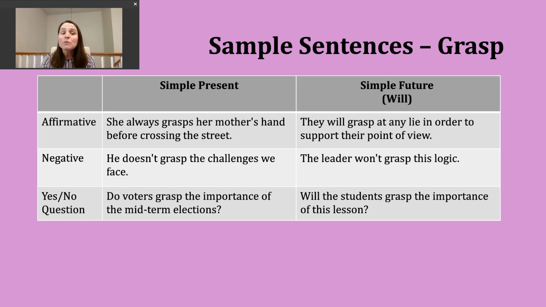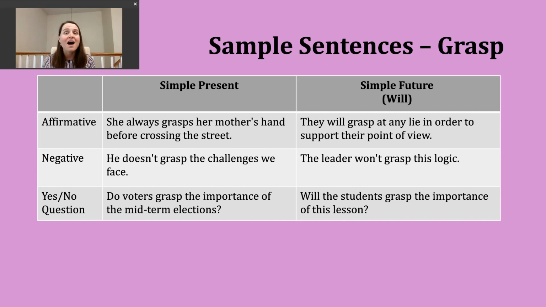Now, if we want to make a negative sentence in the simple present, our structure, again, is going to depend on what our subject is. If our subject is I, you, we, or they, we're going to use do not and then the base verb. But if our subject is he, she, or it, we're going to use does not and then the base verb.